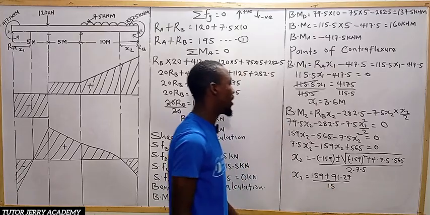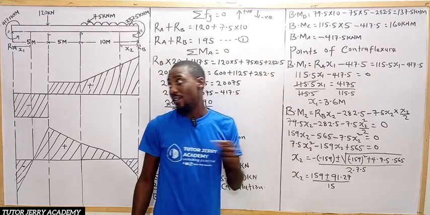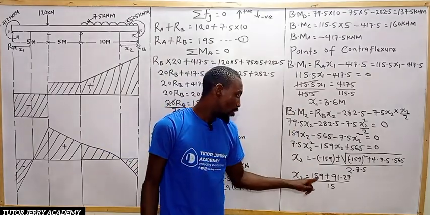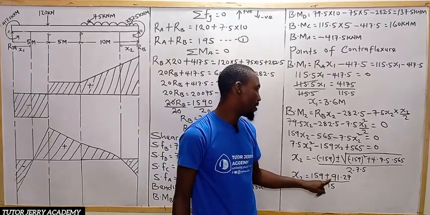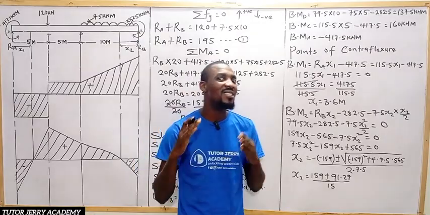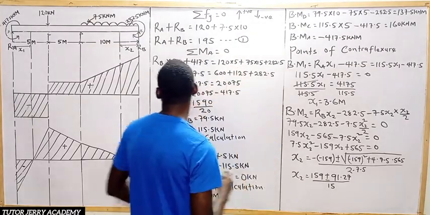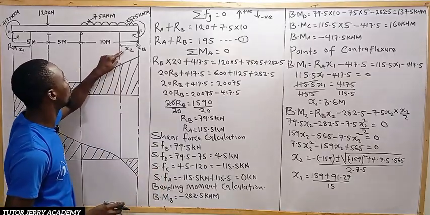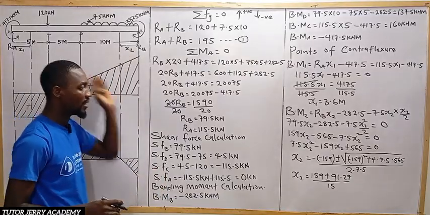Now for you to get the correct value of S2, you are not going to take the positive sign, because by the time you divide that, you are going to get 16 point something. 16 point something cannot fall within this distance, so you neglect that.